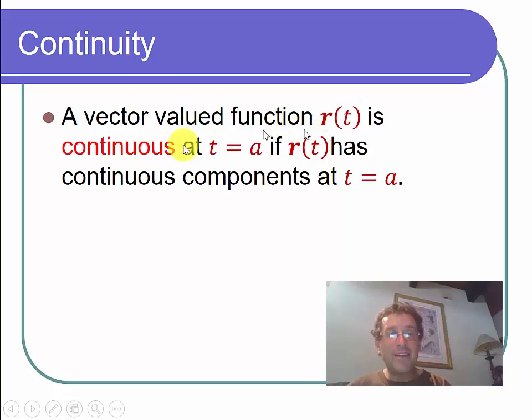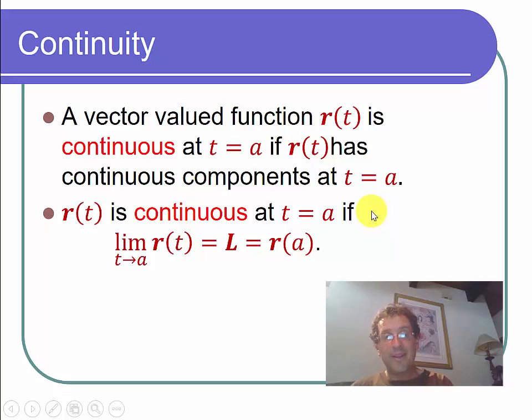So we could say a vector valued function, r of t, is continuous at a value, t equals a, if r of t has continuous components at t equals a. So as long as each of the components are continuous at t equals a, the vector valued function r of t is continuous. The same result that we had for continuity holds.